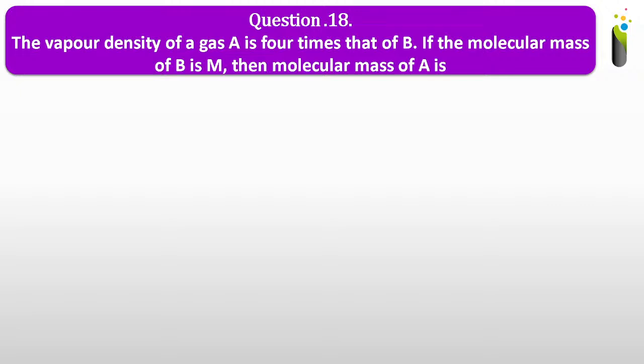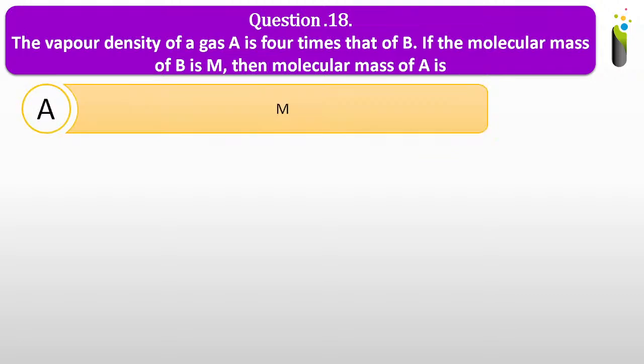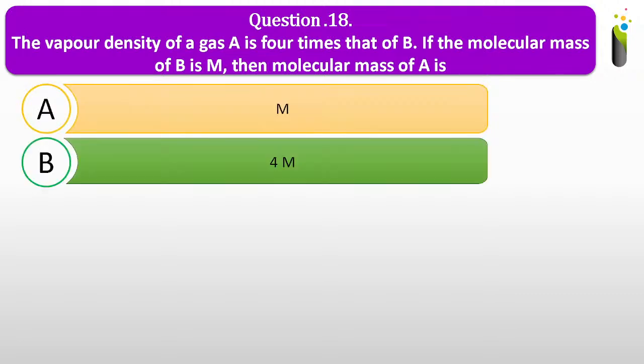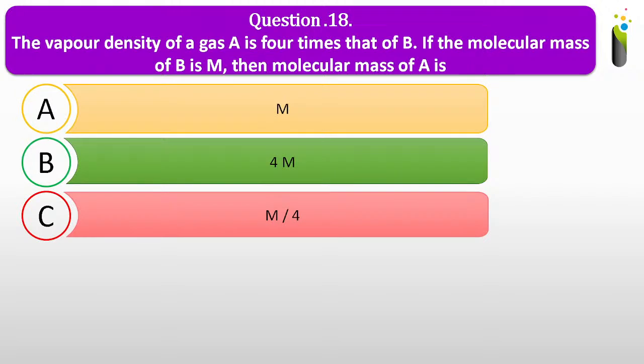Okay, so question number 18. The vapor density of a gas A is 4 times that of B. If the molecular mass of B is m, then molecular mass of A is dash. A, is it m? B, is it 4m? C, is it m by 4? D, is it 2m?